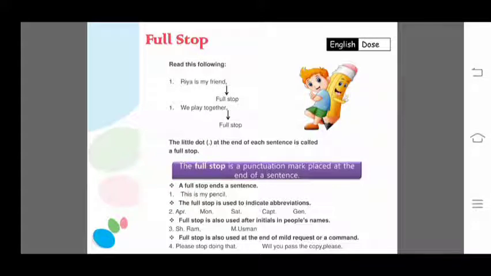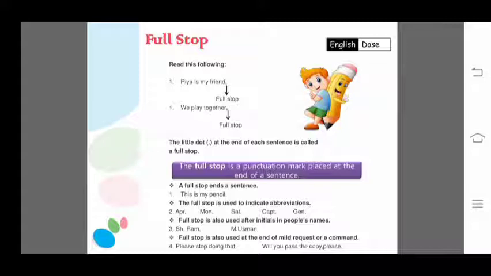To understand the use of full stop, read the given example. Ria is my friend. Now, take a close look at the example. Ria is my friend.